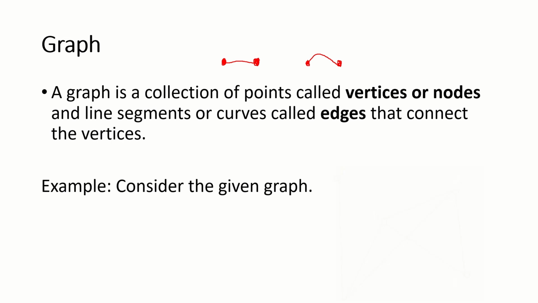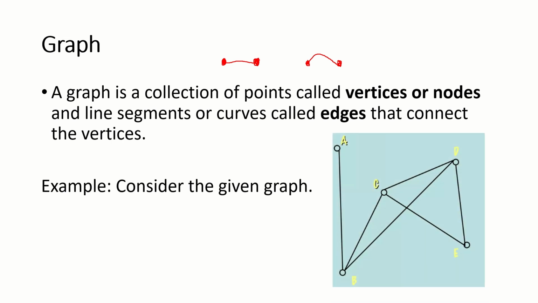So for example, consider the graph on this side. What are the vertices? The vertices are A, we have B, we have C, we have D, and we have vertex E. Okay, what are now the edges? The edges, we have this one, AB or BA.